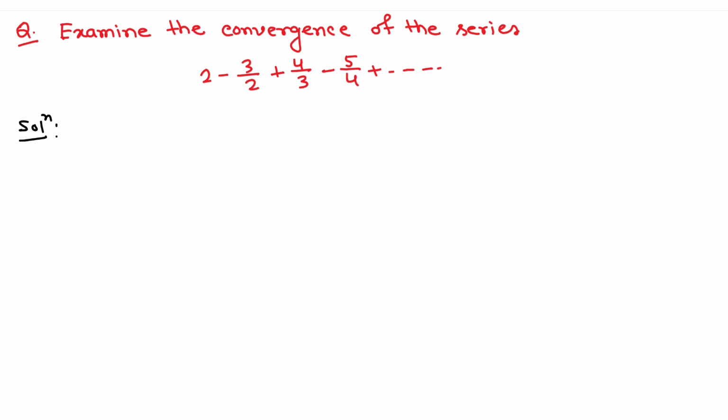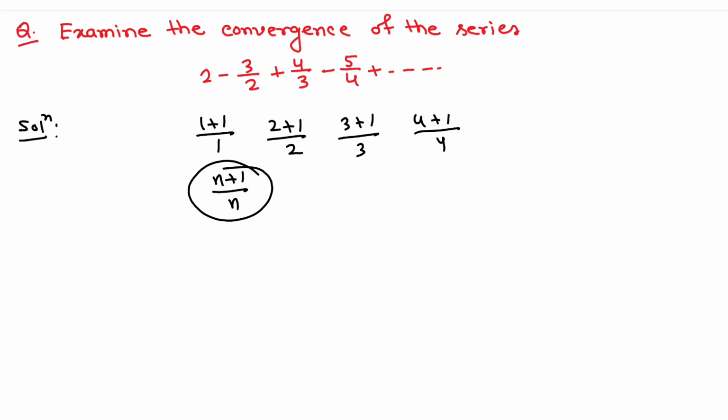Obviously this is an alternating series. Okay, what is un? The first term we can write as 1 plus 1 by 1. Second term, we can write 2 plus 1 by 2. Third term, 3 plus 1 by 3. Fourth term, 4 plus 1 by 4. So the pattern is n plus 1 by n. Yes or no?